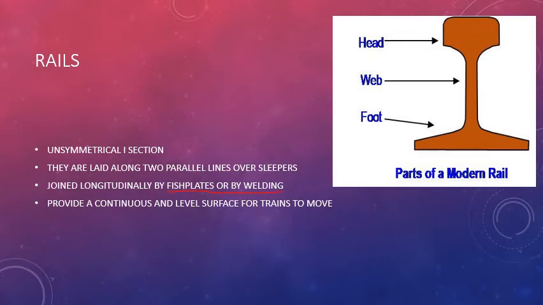Usually the wheels move in between the heads of the I sections. The I section is divided into three parts: the head, web and foot. You have to focus more on these parts later in this lecture.